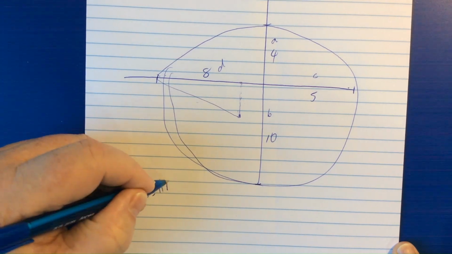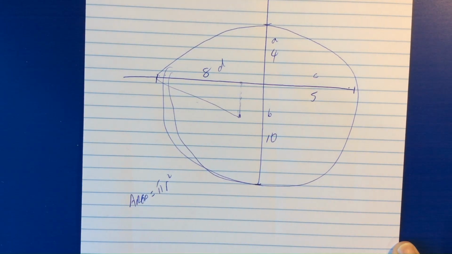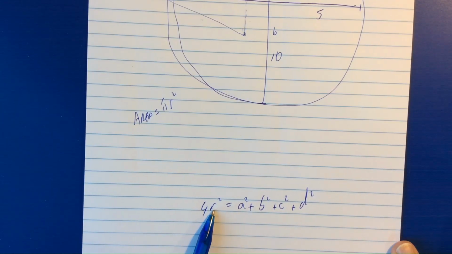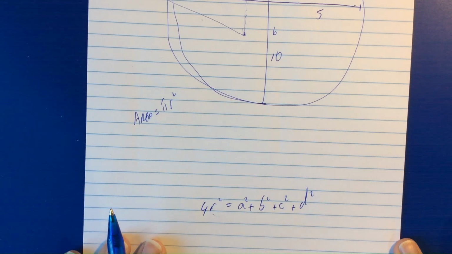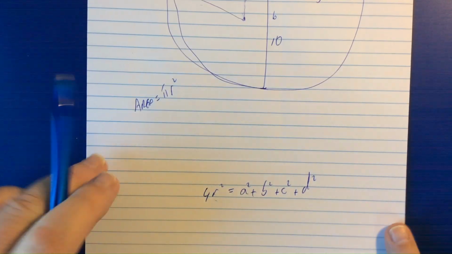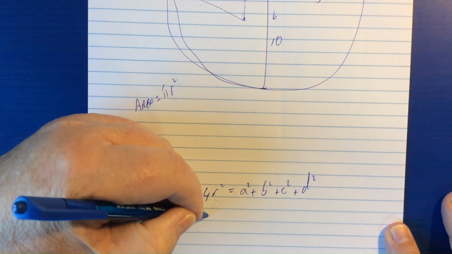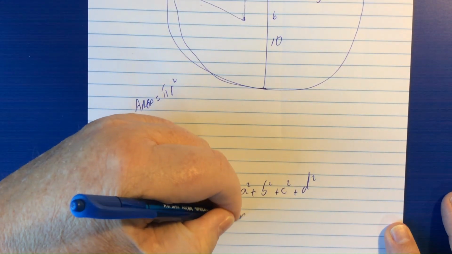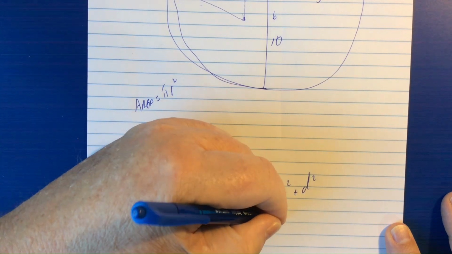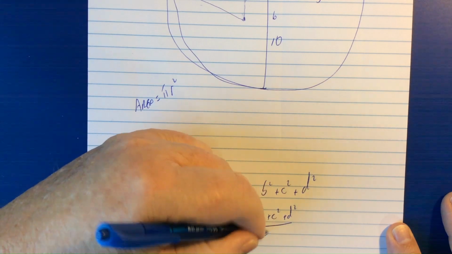Area is pi r squared. So if we can get r squared on its own, all we have to do is multiply by pi, and we'll get ourselves an answer. Okay, so rearranging this is pretty simple. R squared is equal to a squared plus b squared plus c squared plus d squared on 4.